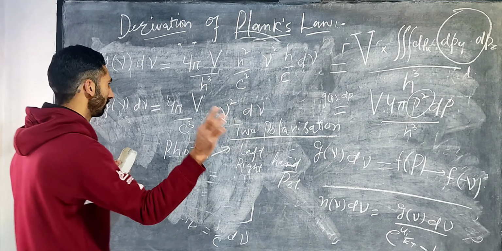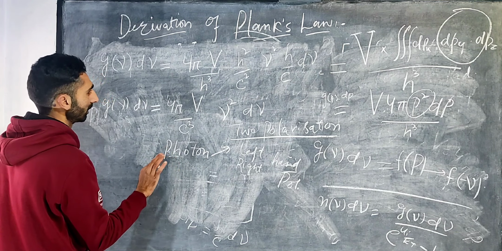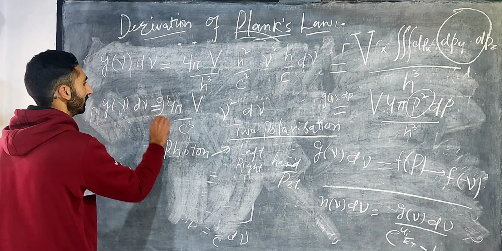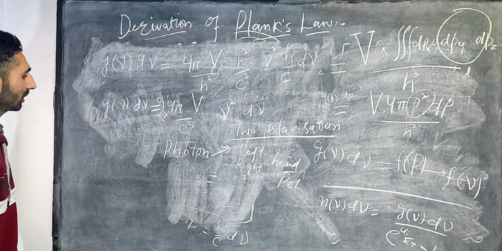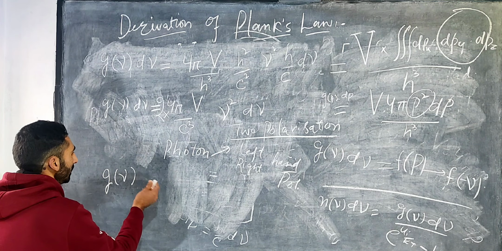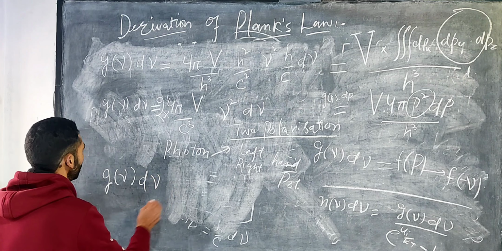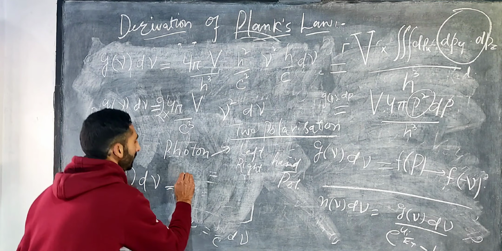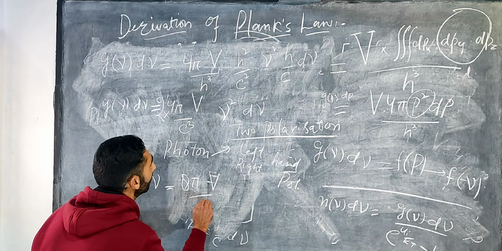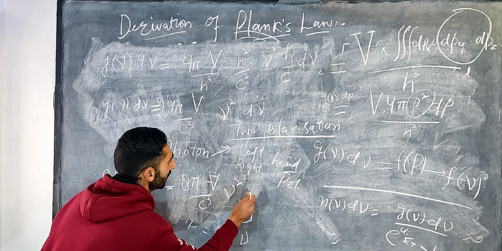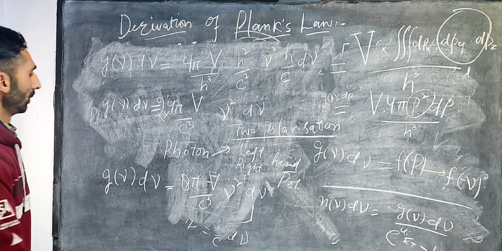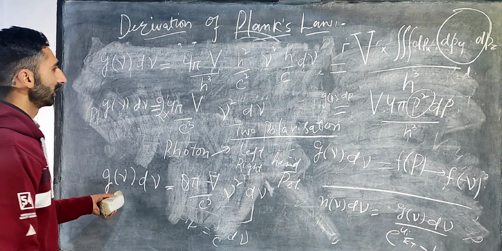With each photon there are two polarizations, so we have to multiply this with 2. Okay, so we will get the end result of the number of phase space cells as G nu d nu equals 8 pi V divided by c cube, nu squared d nu.